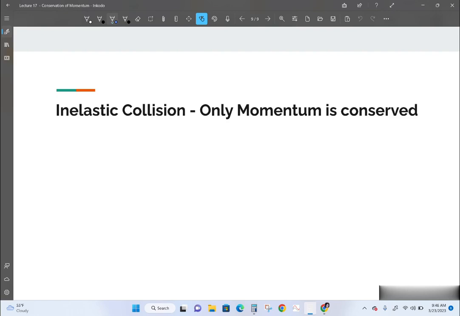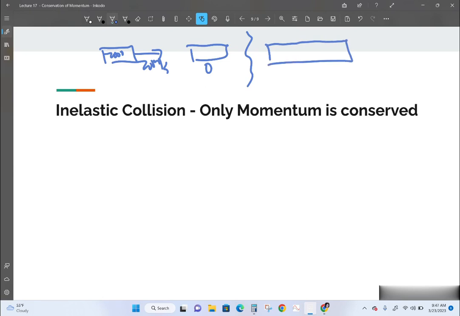What about an inelastic collision? Let's take the example of the train. So we had a 2,000 kilogram train moving at 20 meters per second, and it hit one that was at rest, and afterwards they stuck together. First of all, let's figure out what they do.